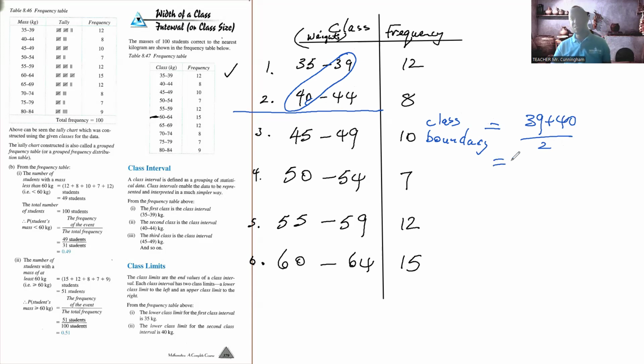Could somebody tell me what that is? 59, sir. 39 plus 40 divided by 2. Oh, let me try that. I'm not getting 59. I get 39.5.